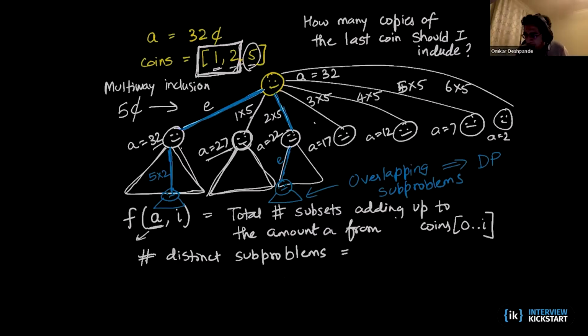So there are amount plus 1 different values for the first parameter.